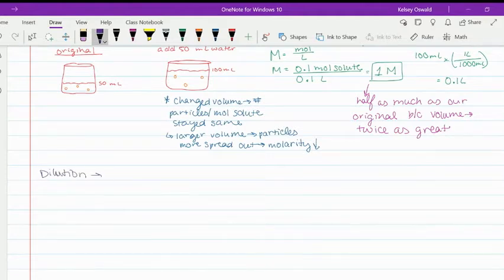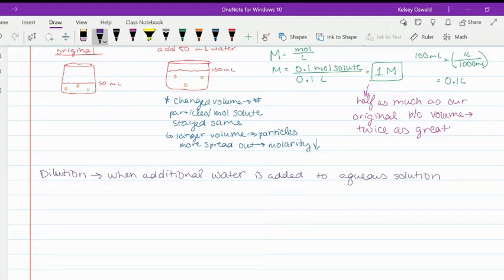When we have a dilution, what we are doing is adding additional water. So when additional water is added to our aqueous solution, our moles of particles stay the same.